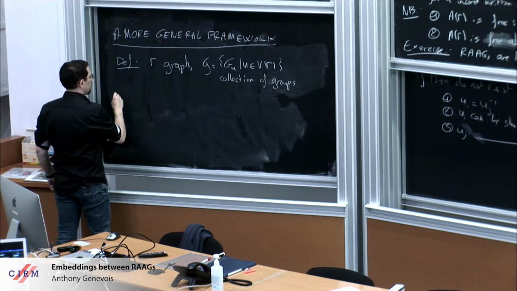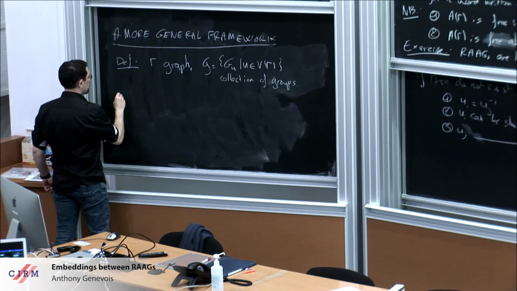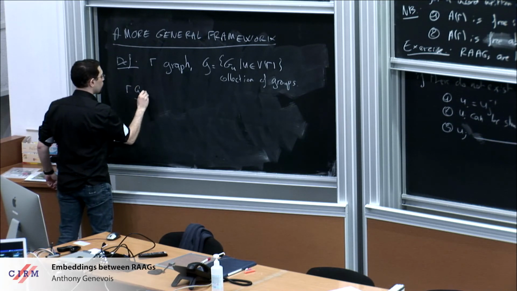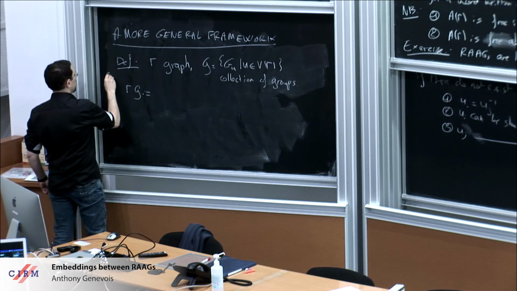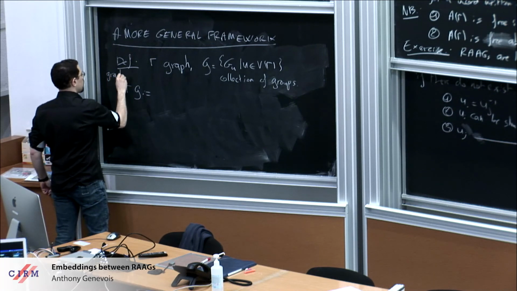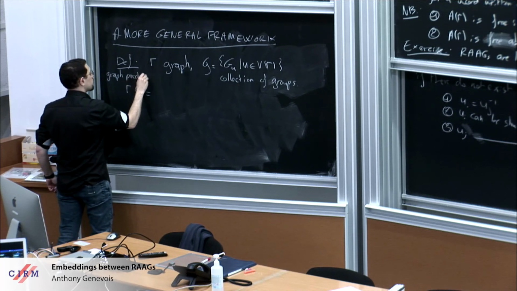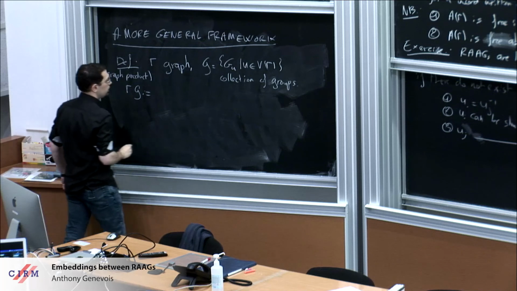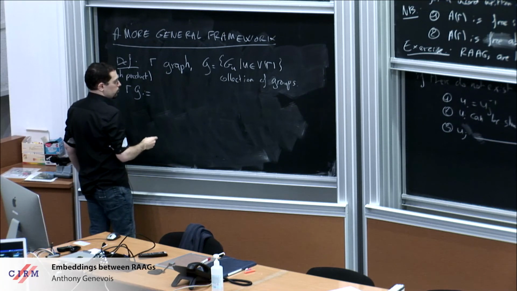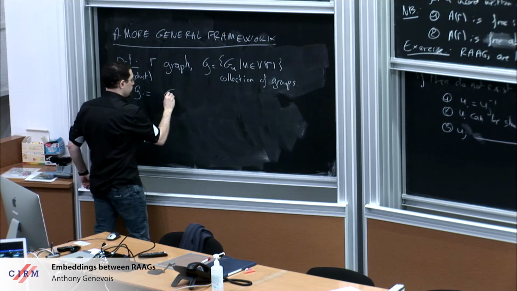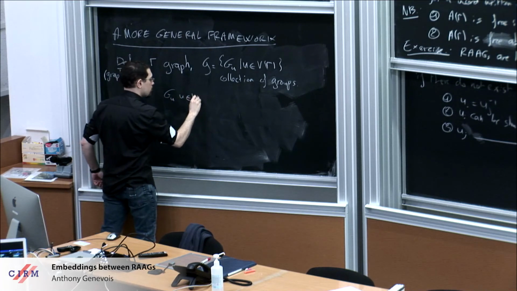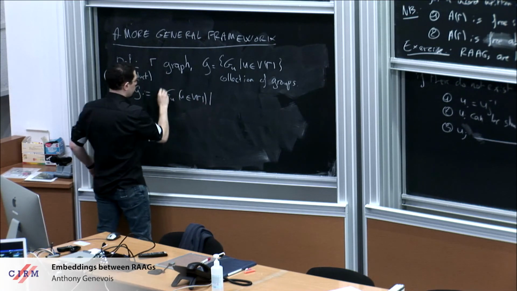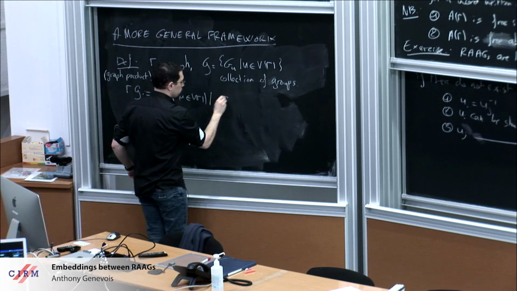Okay, so now the graph product of groups, gamma G. So, the short version is, I just write a relative presentation.